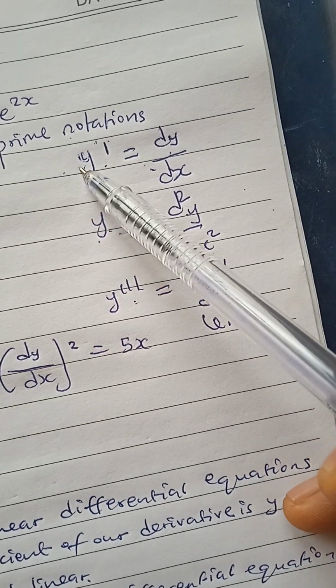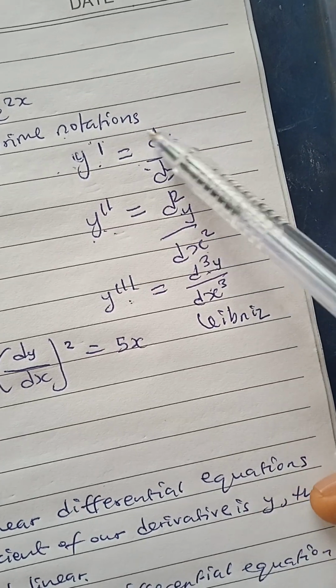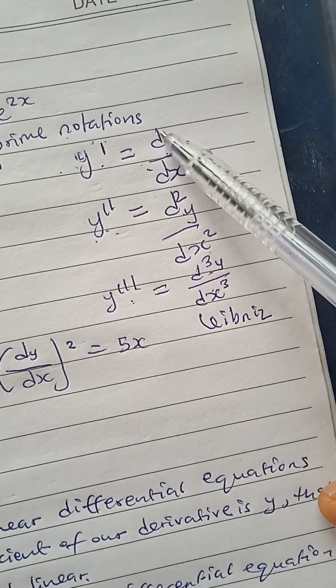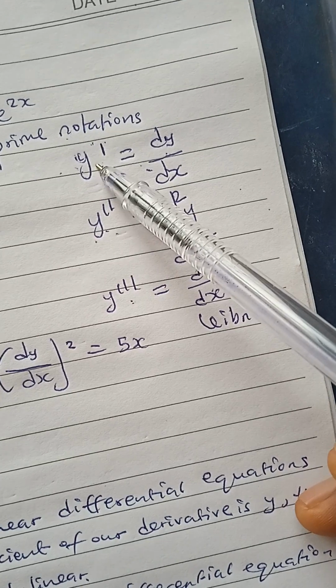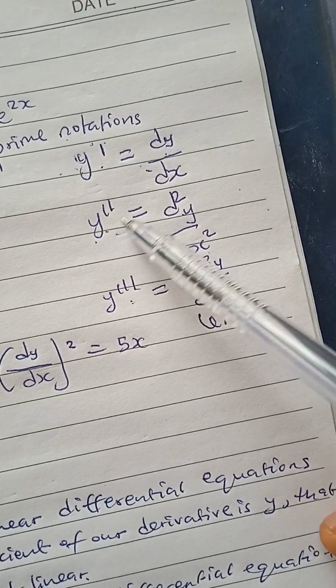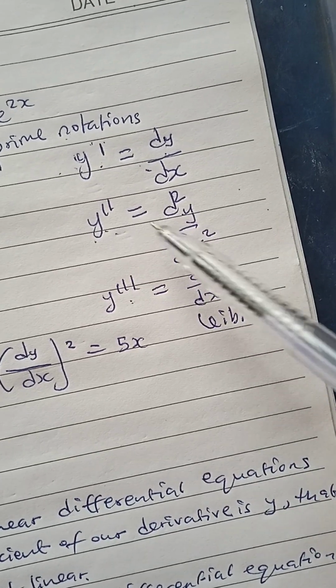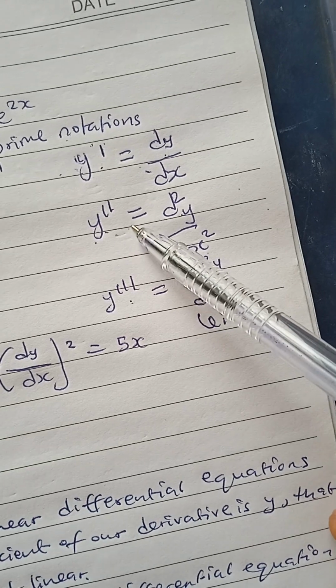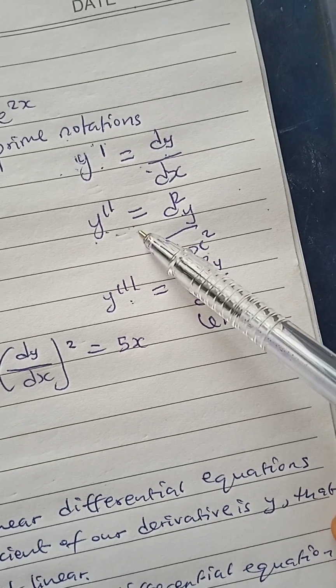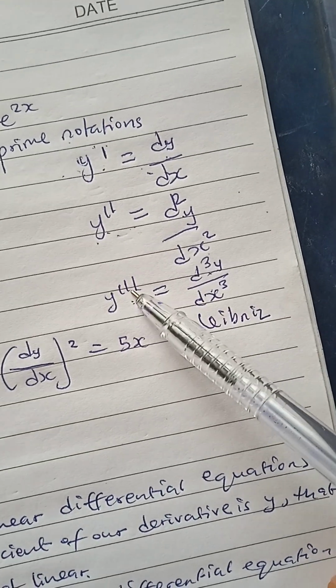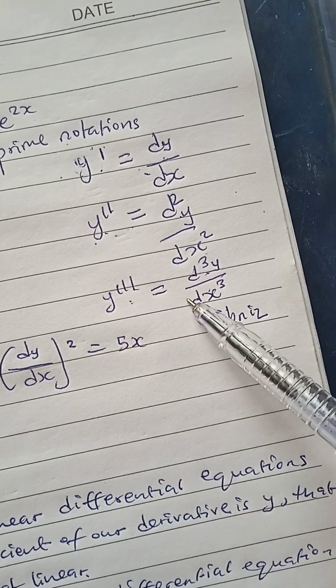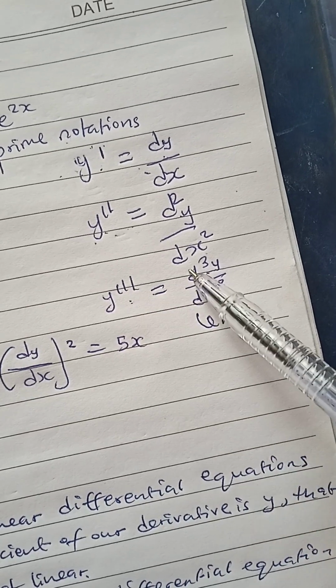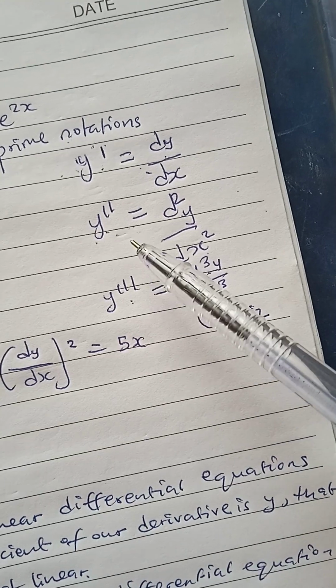And y prime and dy over dx is a first order differential equation. This is first order. Y prime prime and d squared y over dx squared are the second order of a differential equation. Then y prime prime prime and d cubed y over dx cubed are the third order of a differential equation.